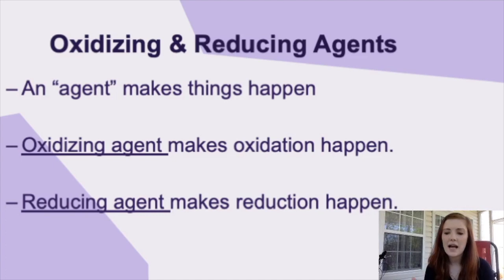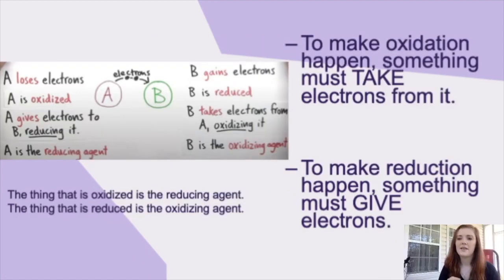I know that sounds easy, but it's really easy to get it mixed up with what's being oxidized and what's being reduced. To make oxidation happen, something must take electrons from it. And to make reduction happen, something must give electrons to it.